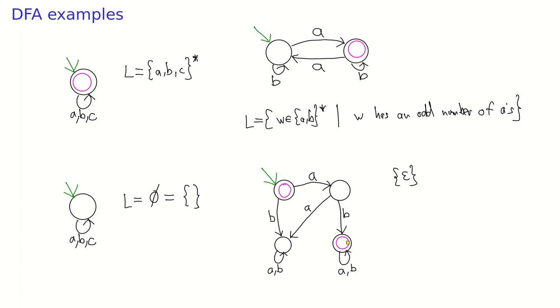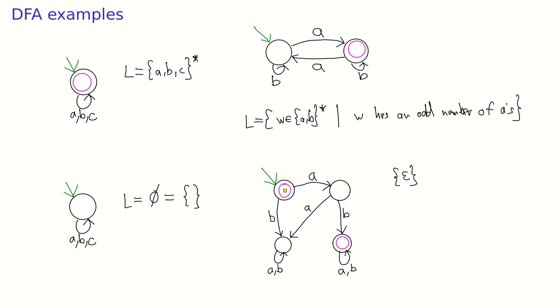And now let's think how to get to this state here. To get to this state, we need to take this way here and here. We need to read an A first, and then we need to read a B, and then we're in this state. And then whatever we read doesn't matter anymore. If we are here once, then we will be here forever.